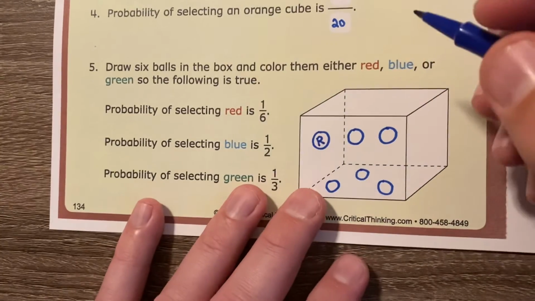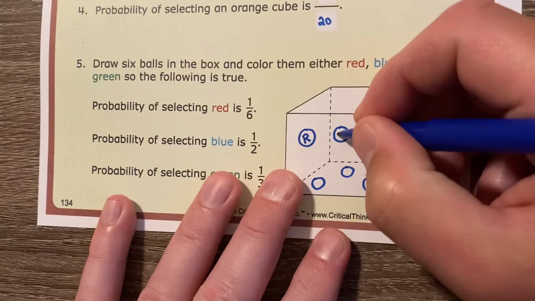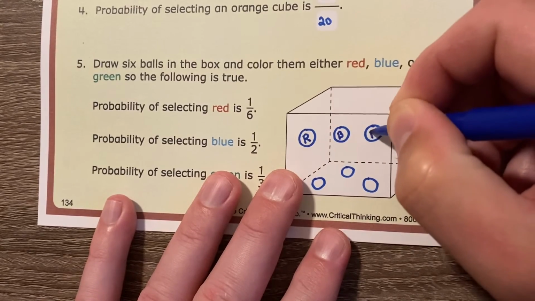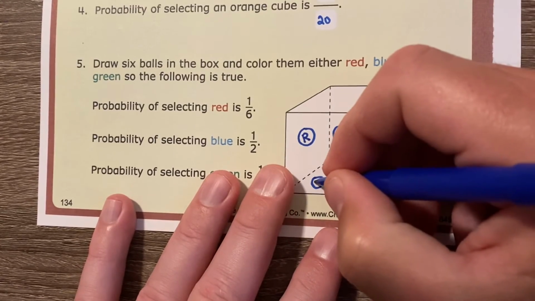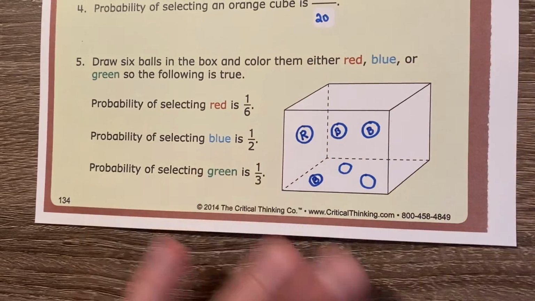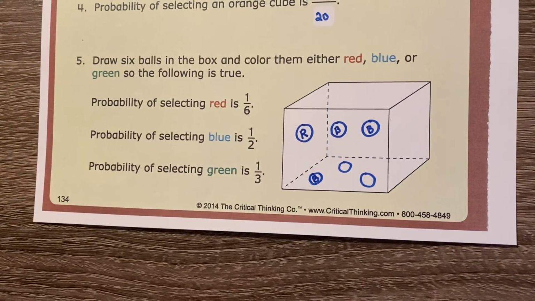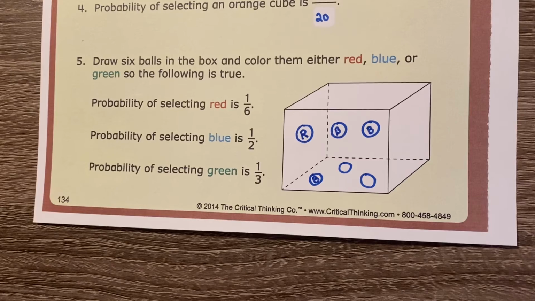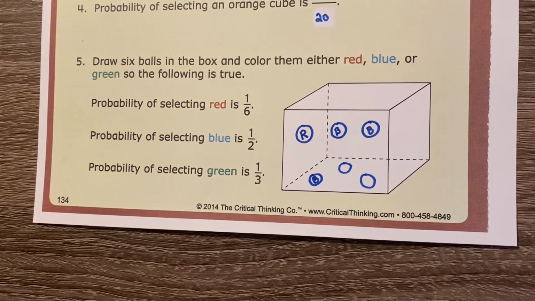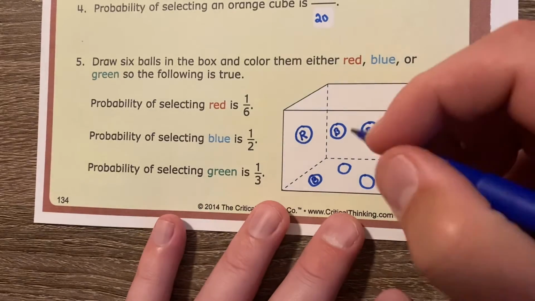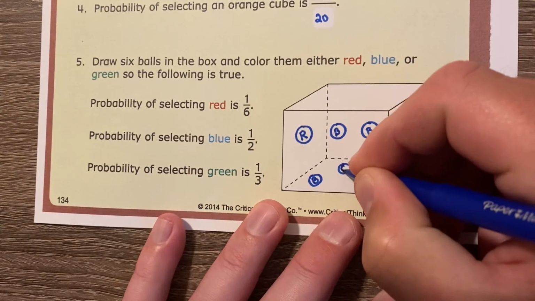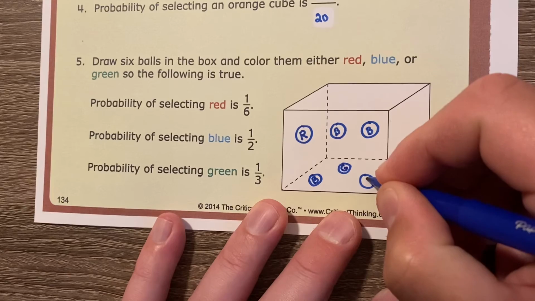So that means that 3 of these are going to have to be blue if you have a 1 out of 2 chance of grabbing a blue one. And then if the green ones are 1/3, that means the last two would have to be green ones.